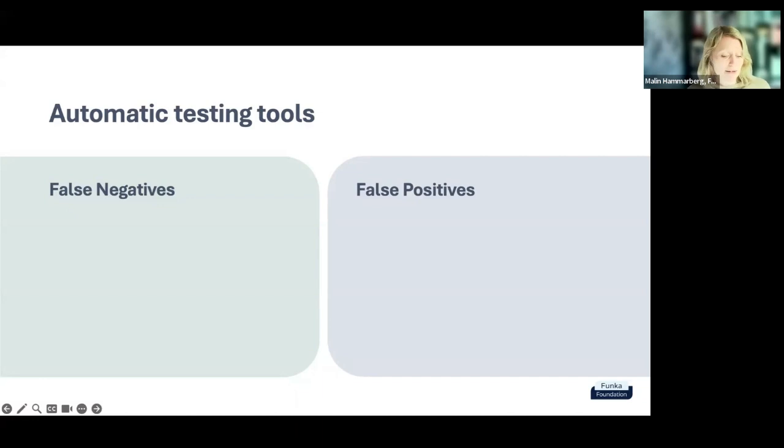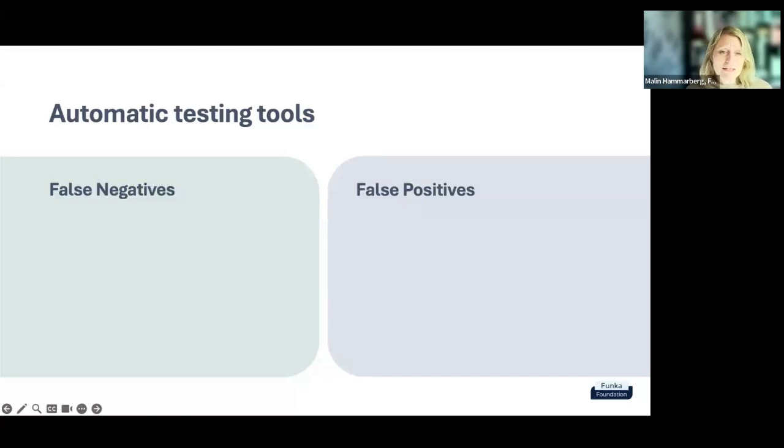They can be everywhere from 15% to maybe 60%. So we have a large number of errors that the automatic testing tools can't test for, and then we need to do manual tests. But that's not all. The automatic testing tools also actually have false negatives.